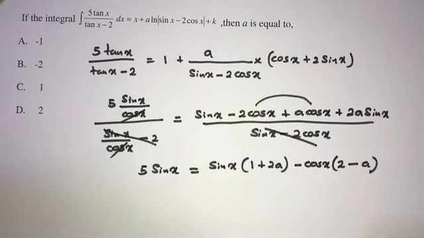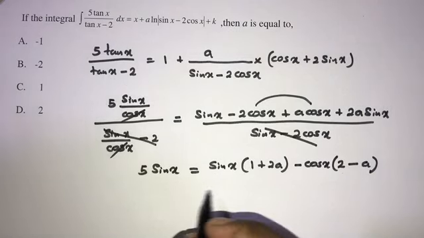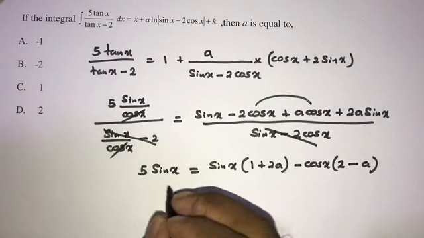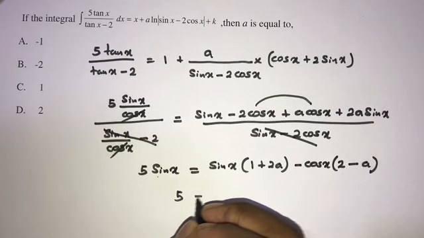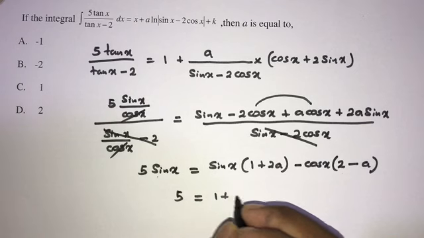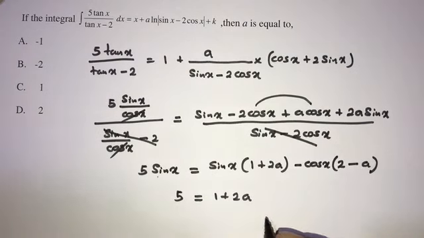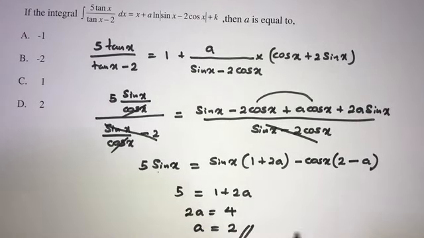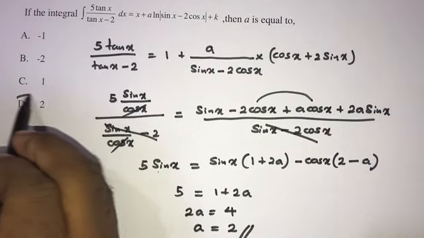Okay, now what can we do? Compare the coefficient of sine of x, so here 5 is equal to 1 plus 2 times a, so 2 times a is equal to 4. Now a is equal to 2. Okay, interesting. Now the answer is D.